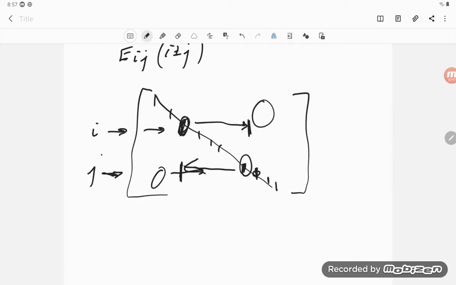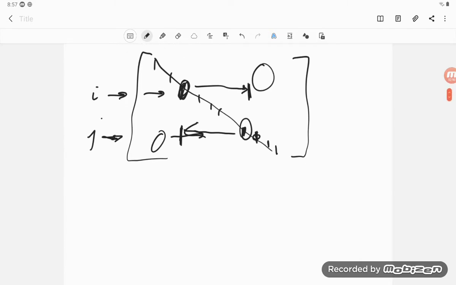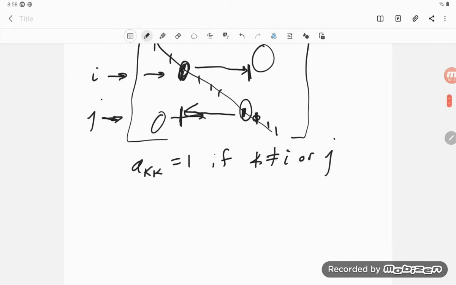Okay, so what happens is, for all K, if you take A_KK, that element is going to equal 1 if K is not equal to I or J. So that's the diagonal element A_KK.